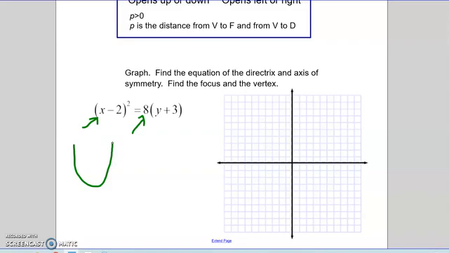Now to get the vertex, we take the opposite of the number next to the x in the parentheses, and that is negative 2, so we take the opposite, 2, and then y plus 3, so we change that to a negative. So our vertex is going to be at (2, negative 3) for this problem.